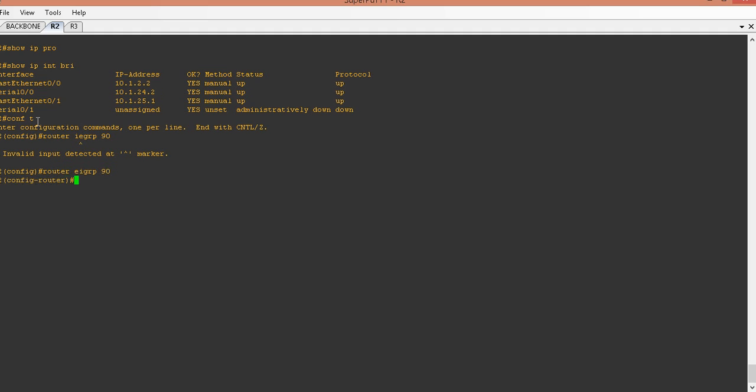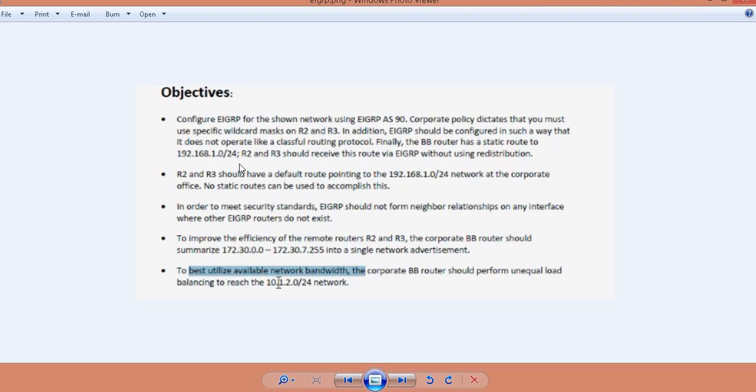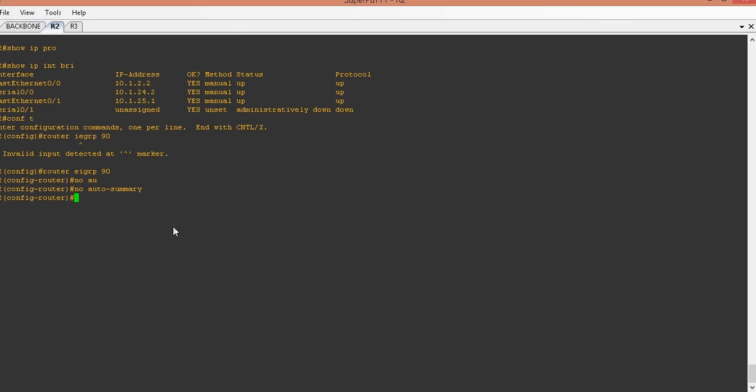Router EIGRP 90, no auto summary. In this case, the objective tells us to be specific. The corporate policy dictates that you must use specific wildcard mask on router 2 and 3. Okay, so in that case, I'm going to use network 10.1.2.2 to be specific.